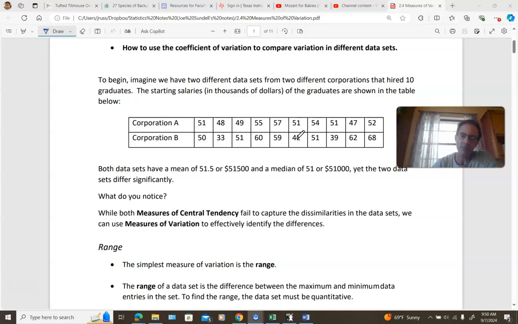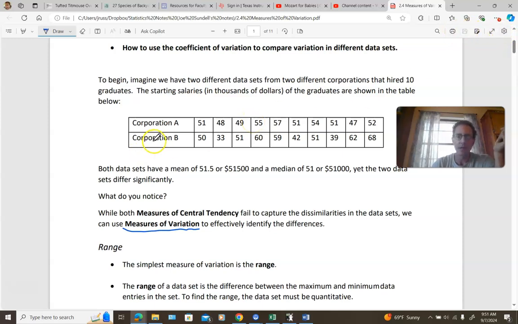That's kind of what we're going to be studying today. How spread out is the data? Is a lot of the data just real close to the mean, or is the data spread out away from the mean? What we're going to be looking at is called measures of variation. So how do we actually quantify how spread out a data set is?